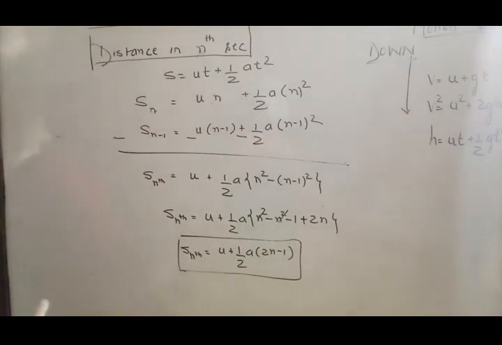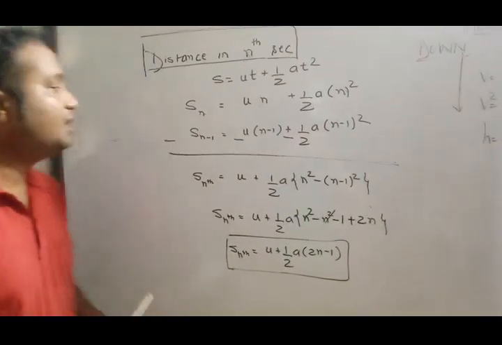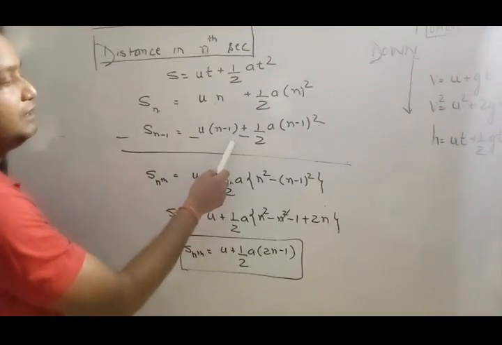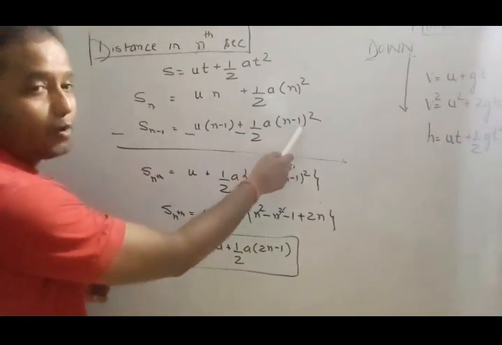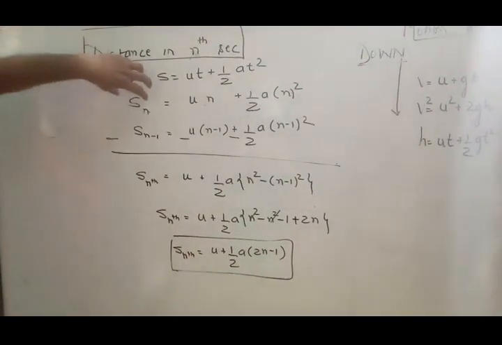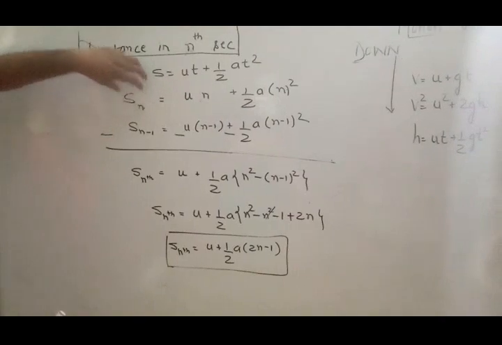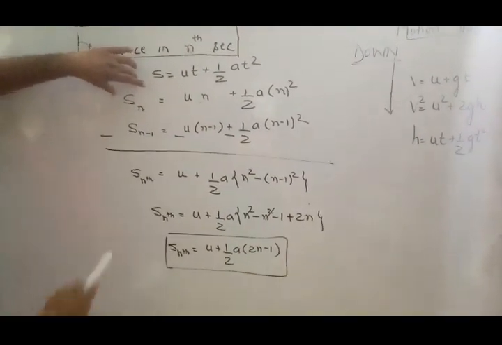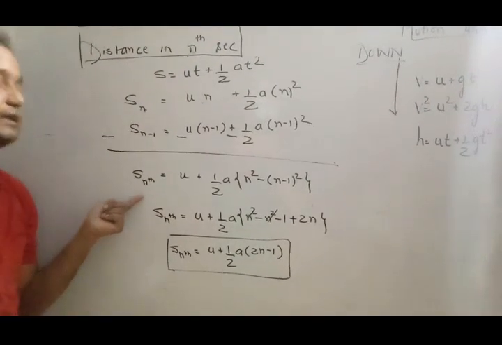Now if I find the distance moved in n minus 1 seconds, I just need to put n minus 1 in place of t, obviously inside a bracket. Now if I subtract the distance moved in n minus 1 seconds from the total distance moved in n seconds, I'll get the distance moved in the nth second.